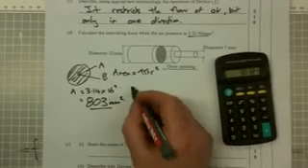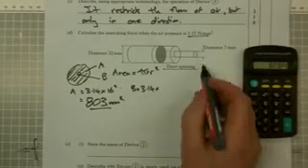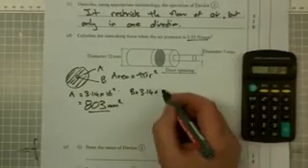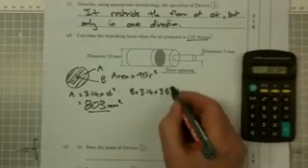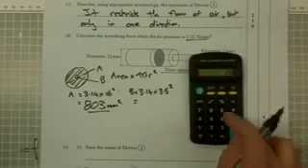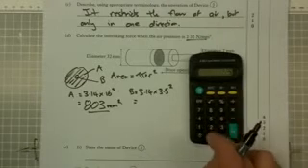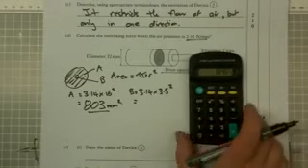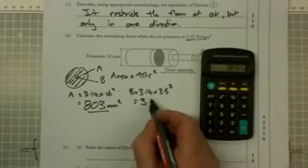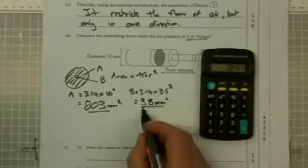And area B, 3.14 times, well, the diameter is 7, so it's 3.5 squared. 3.5 times 3.5 times 3.14 equals 38 millimeters squared. I'm rounding them up just to make it easy.